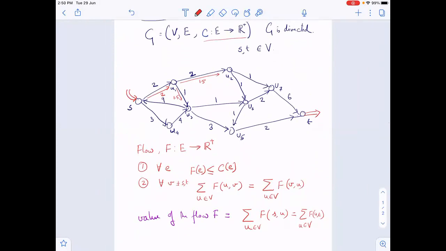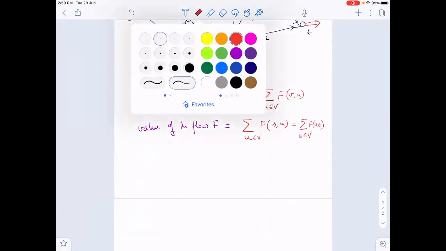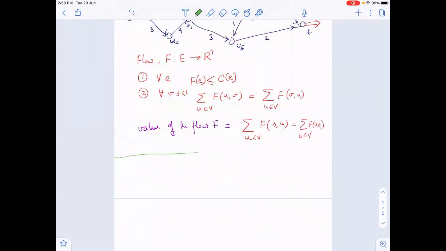Now, what is the goal? Most of the time, the goal is to find a maximum flow.